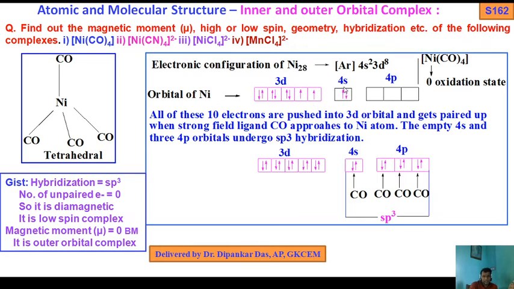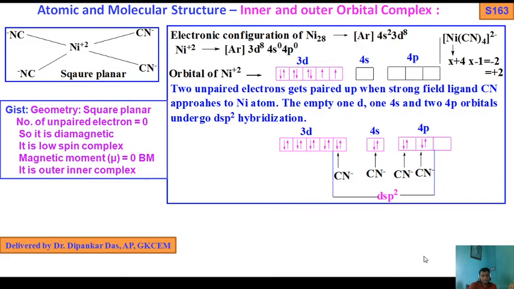But in the presence of CO, when CO approaches the metal atom, these two unpaired electrons become paired, and this paired electron is also pushed to the 3d orbital. So there is no unpaired electron, so it is a low spin complex. Magnetic moment is 0 Bohr magneton. It is an outer orbital complex, because 4s and 4p orbitals are involved, so there is no question of involvement of 3d orbitals. That is why it is called an outer orbital complex. Next, move on. Ni(CN)4.